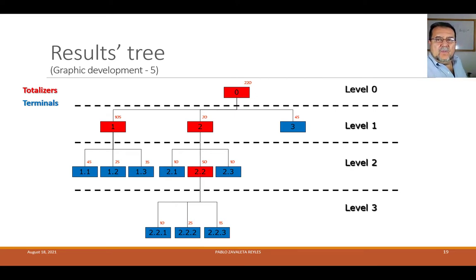Now, why do we develop a results tree? Well, because certain phenomena are too complex to be managed easily. So what do we do?